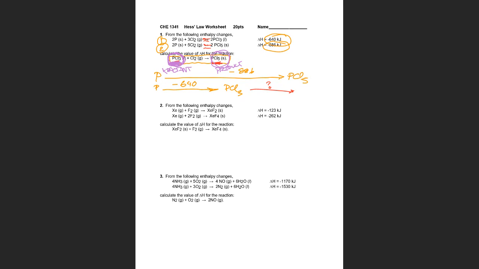Now, if we treat our chemical equations like mathematical equations, you might remember from high school math, if you've got two equations with the same variables in them, you can add them together. You can sum those equations. So let's look at what that would mean.